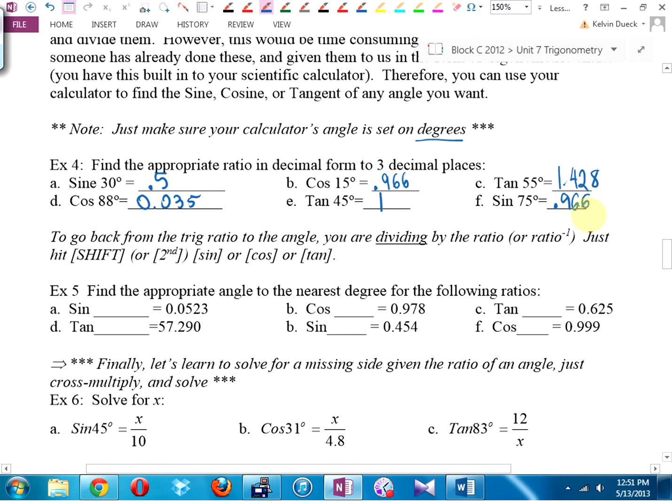I got B 0.966, C 1.428, D 0.035, E 1 exactly, and F 0.966. Okay.